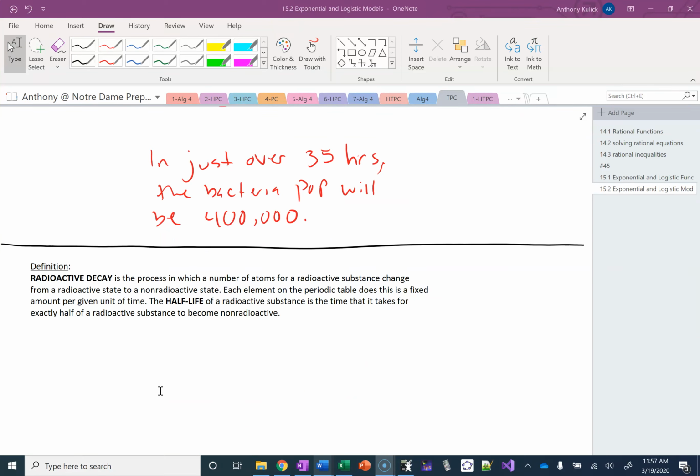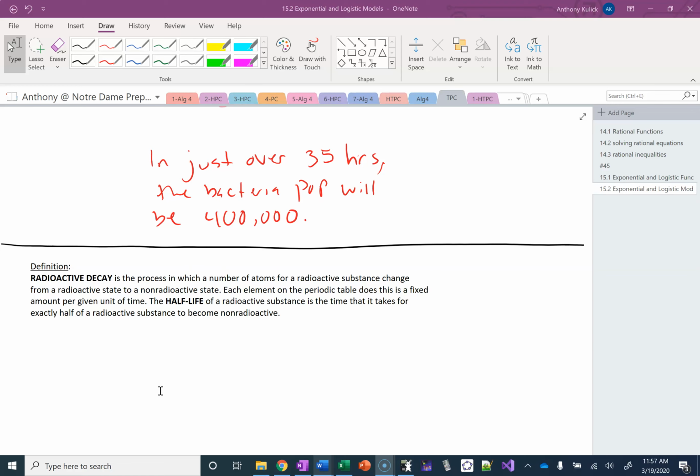Another very common application for exponential modeling is radioactive decay. So some of you, if you've had a chemistry class or maybe even an earth science class, have talked about this. Radioactive decay is the process in which the number of atoms for a radioactive substance change from a radioactive state to a non-radioactive state.